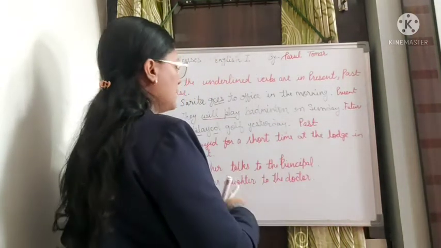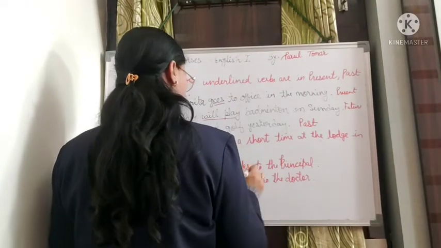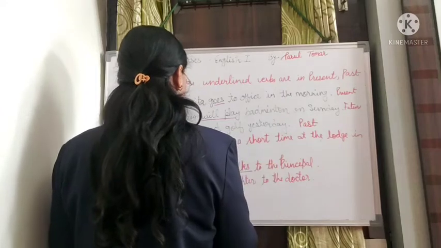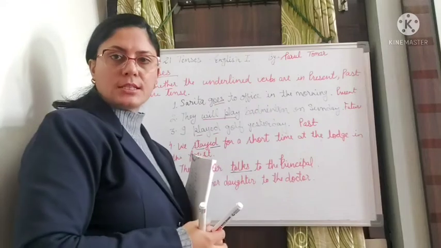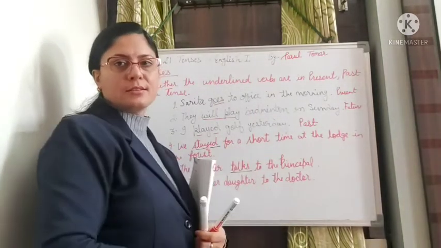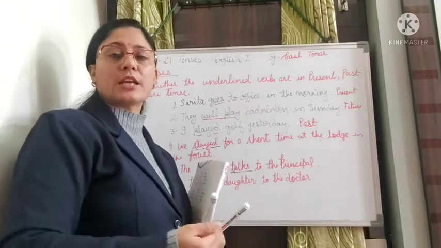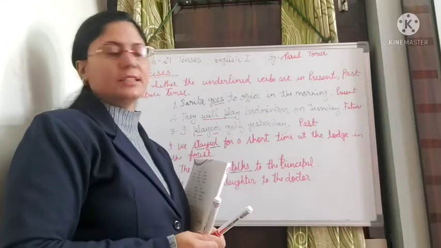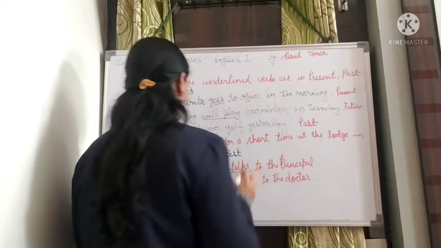Here we have to tell the tense of the underlined verb. So, stayed is underlined, talks is underlined and took is underlined. So, which tense this is we have to recognize and write. We stayed. ED is coming. Most of the second form verbs we make by adding ED. So, this is in past tense. Number 5.